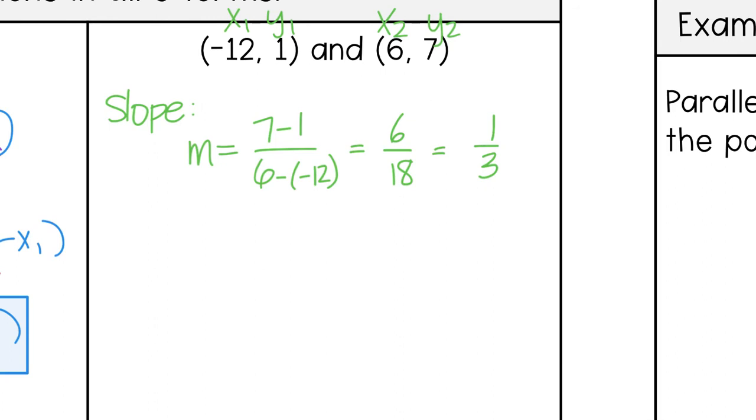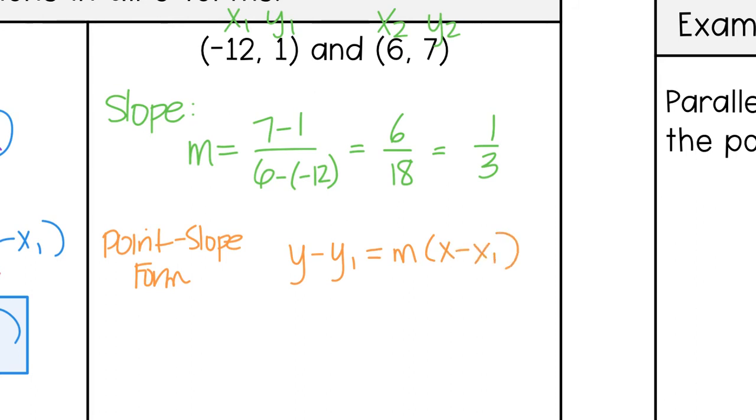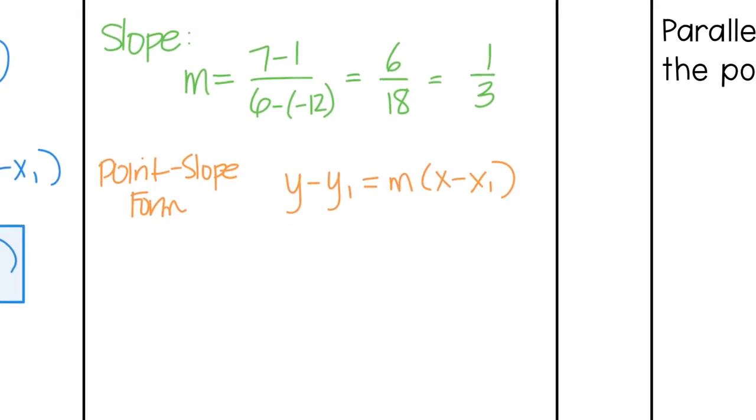Cool. Okay, next thing, point slope form. Okay, so I'm going to write it so you guys can see y minus y1 equals m, x minus x1. So we're going to plug in as we go.